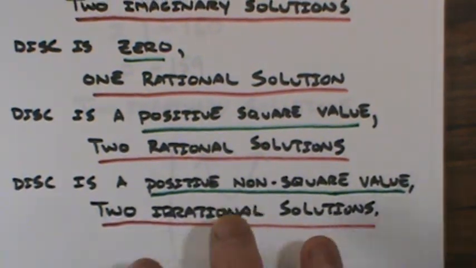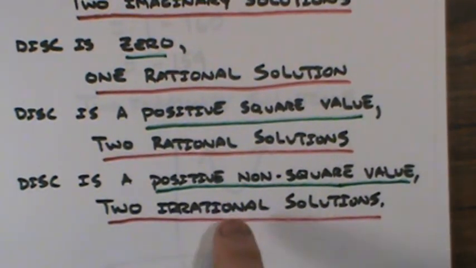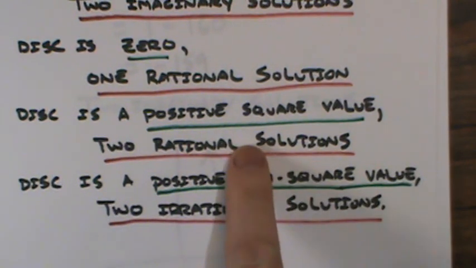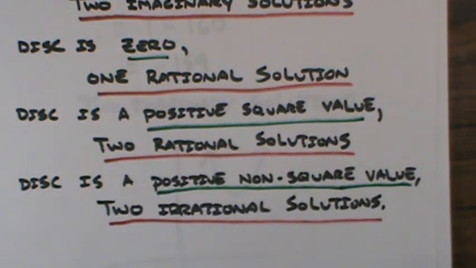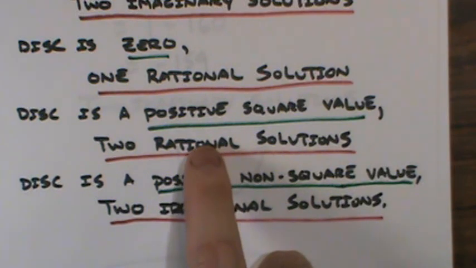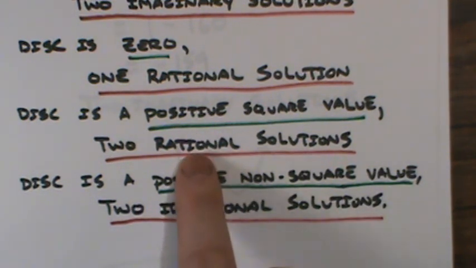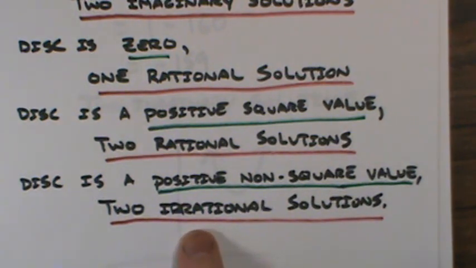In the real world, this is the most common answer. In the classroom, we see a lot of these because we just try to keep you in an umbrella, keep you with nice problems. But this is actually less common than your irrational. Rational numbers are less common than irrational.